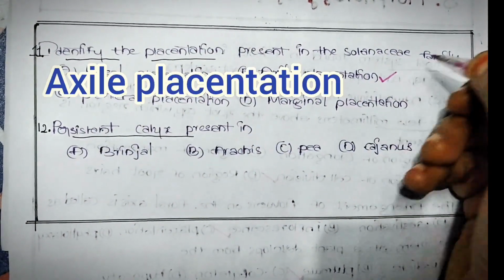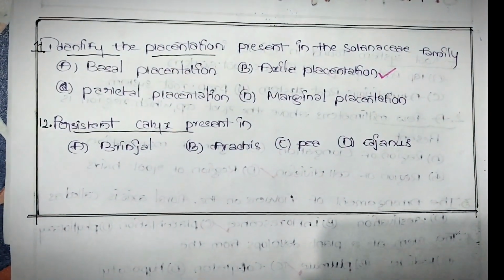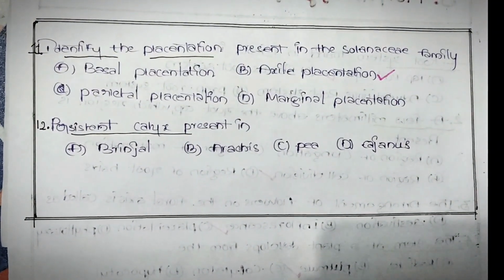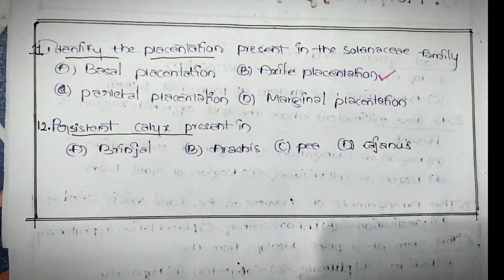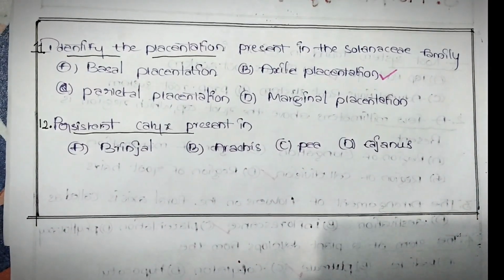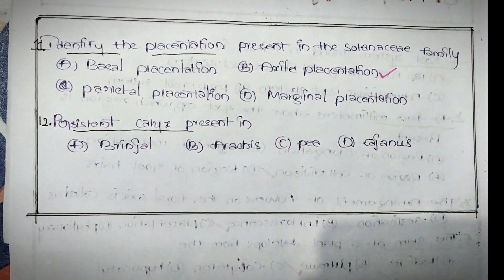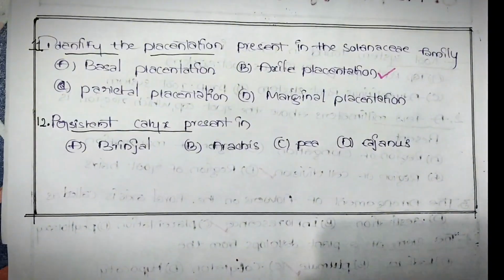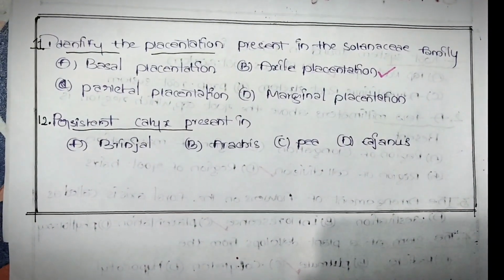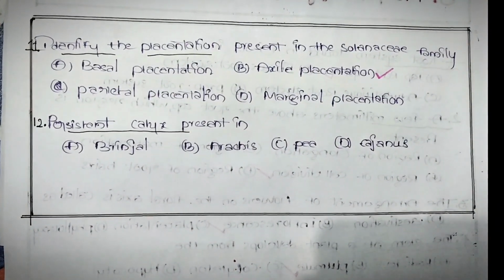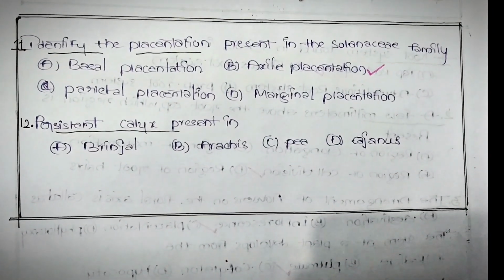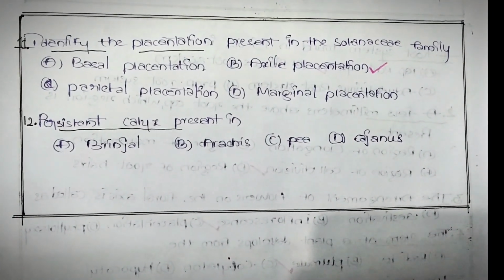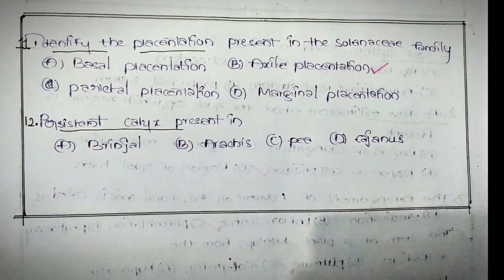In the case of Solanaceae, the placenta is axial and ovules are attached to it in a multilocular ovary. Such a type of placentation is called axial placentation. So, they are arranged on the placenta in axial position. So, let's see the next question.